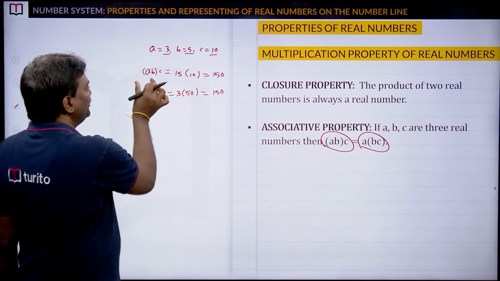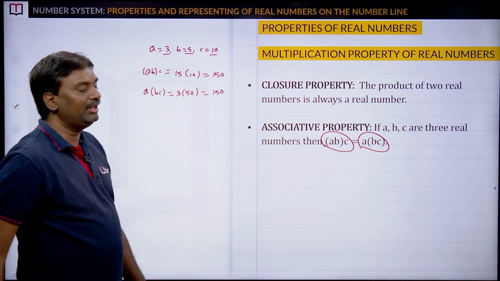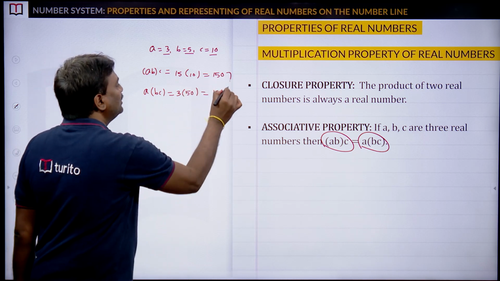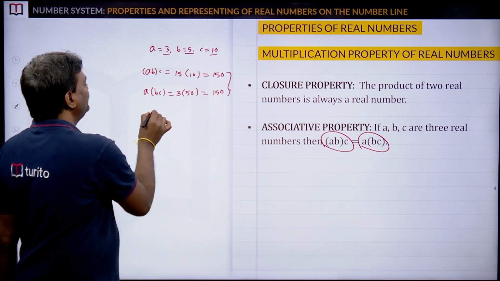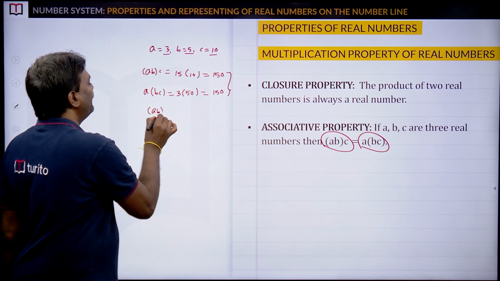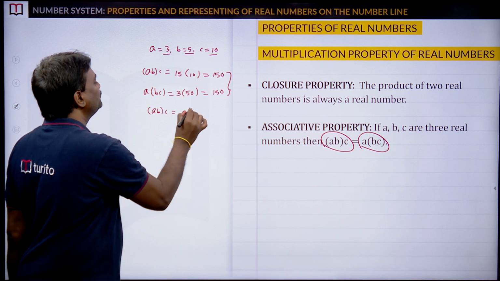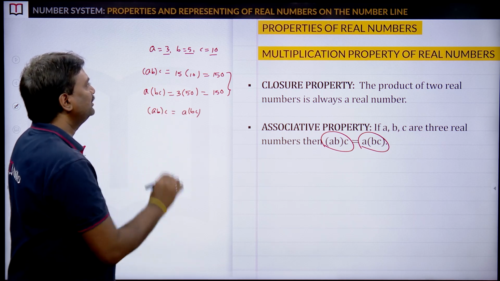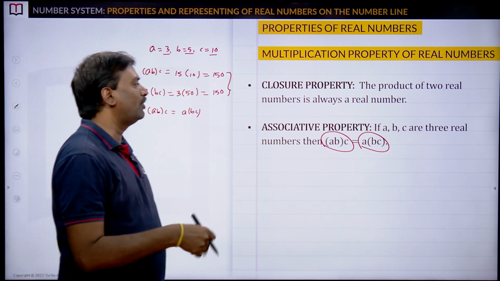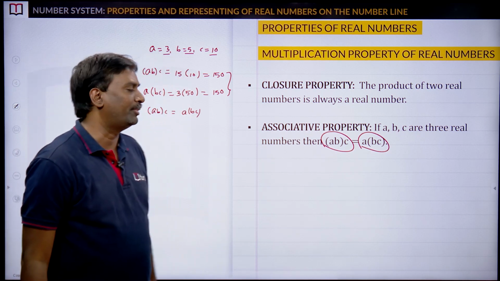By observing these two, (A into B) into C is 150 and A into (B into C) is also 150. That is why we can say (A into B) into C equal to A into (B into C). The numbers 3, 5, 10 follow the associative property.